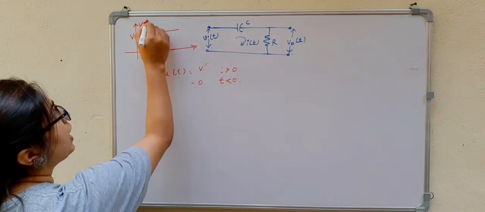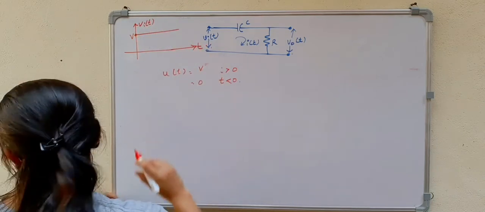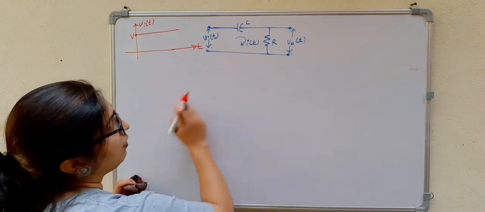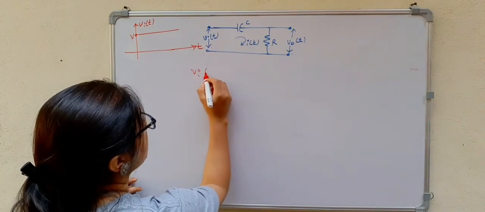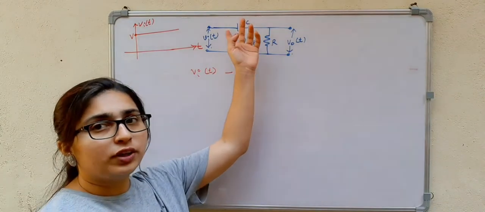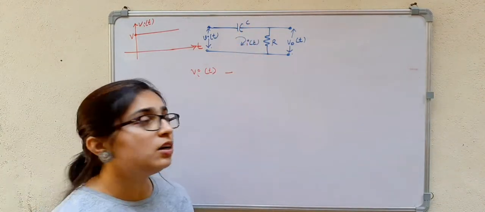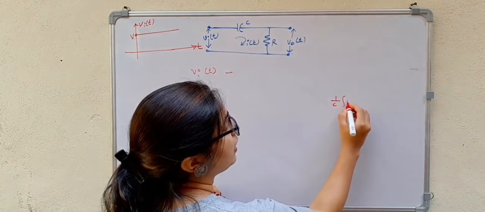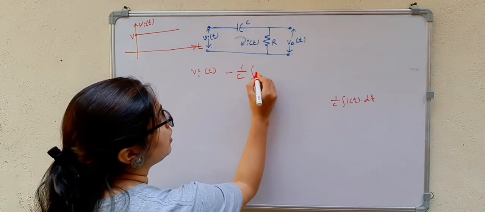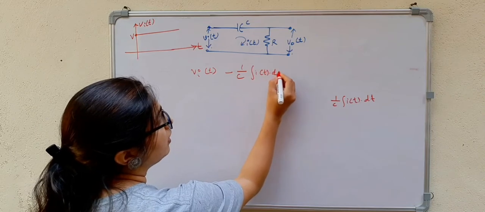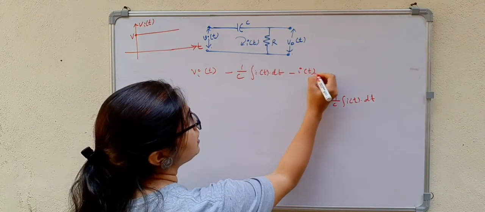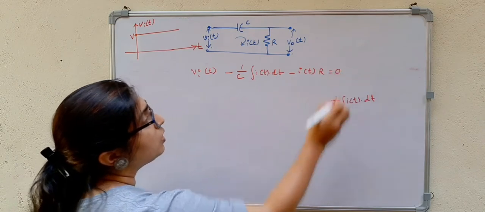So now this is the step input V_i(t). Now I will apply KVL here. So V_i(t) minus the voltage across the capacitor, which is 1 by C integration of i(t) dt, so that is what I will write here. Then coming to this resistor, it is minus i(t) R, that is equal to 0.